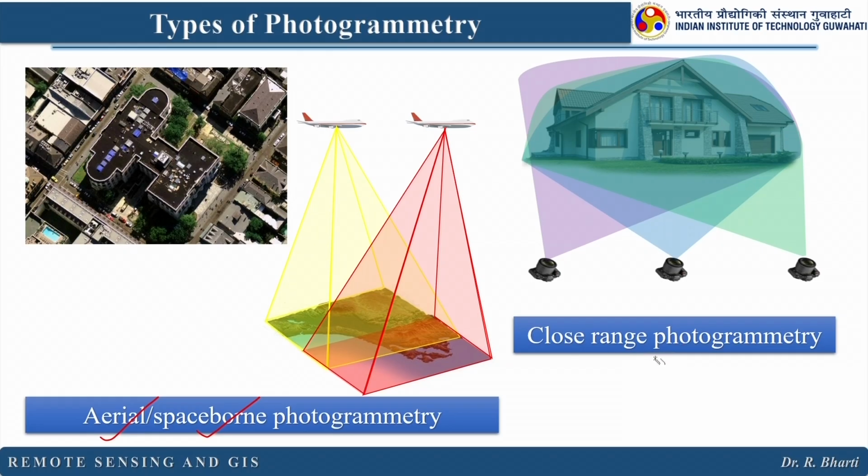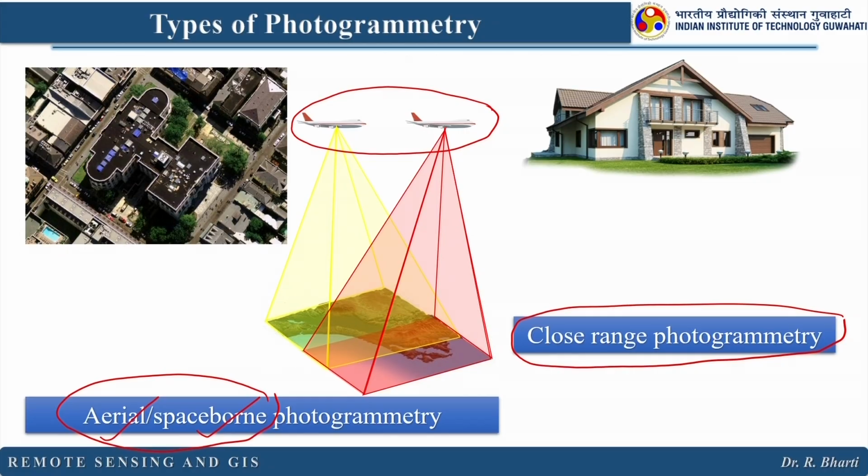In aerial and space-bound photogrammetry, we rely on sensors which are placed in space or in an aircraft. There we acquire the same area from two different positions, and that we use to identify the shape, size and other properties of the target.